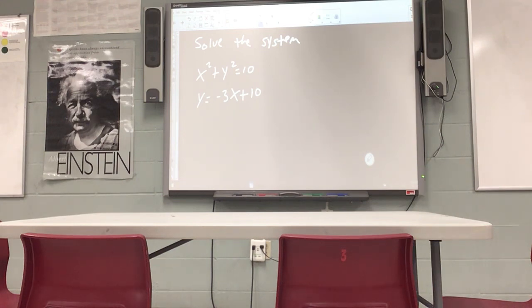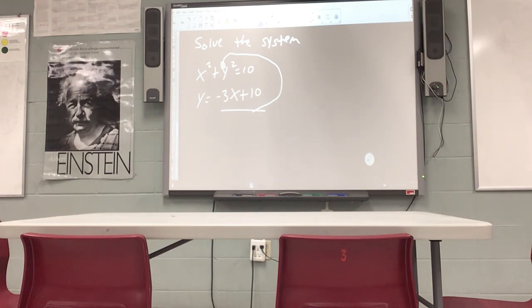This one is ready for substitution. How do I know that? It's got the variable by itself. Good, Tyler. On that second one, y is already solved for. So since this is what y is, we're going to take that and substitute it in for the y.